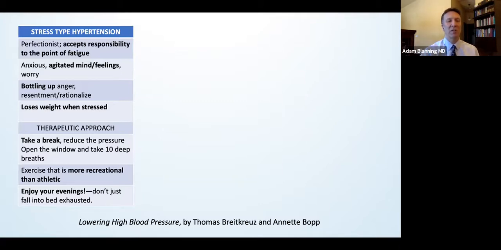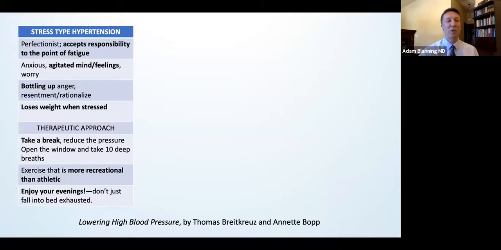And as part of this kind of centripetal force, this vasoconstriction, there's a bottling up of anger. There can be a lot of resentment. Also a lot of attempts to rationalize why things are a certain way. And when our nerve sense system is too activated, our digestion tends to be suppressed. And these are people who will lose weight when they're stressed. They may not have much appetite.